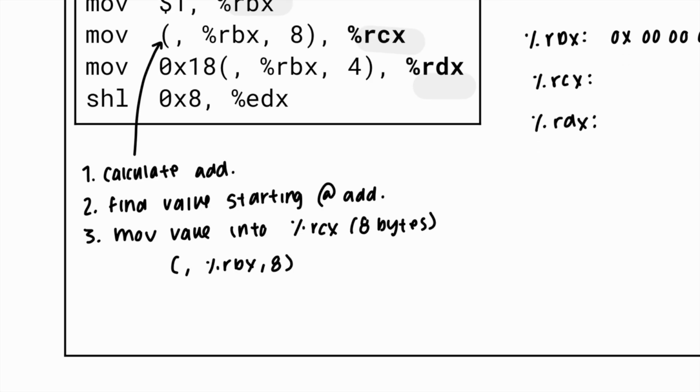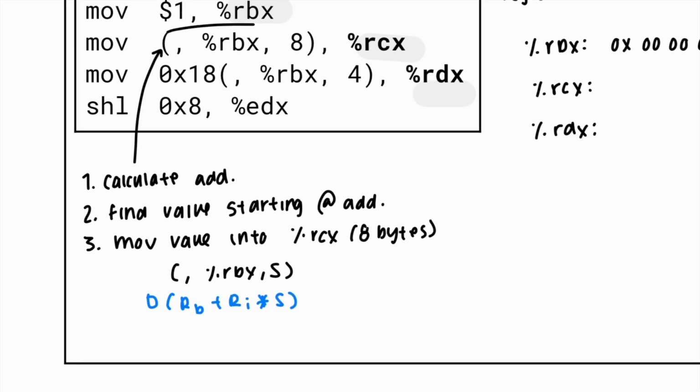If we compare this to our indirect memory addressing formula, we see that we have D, RB plus RI times S. If we look at this current instruction, we see that RBX is RI, times 8.